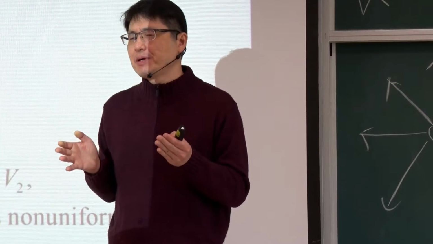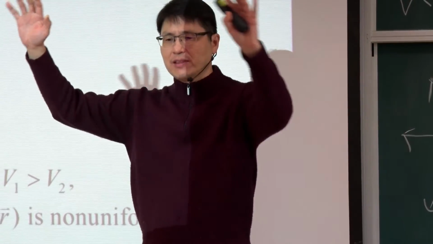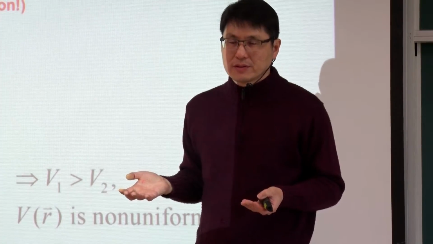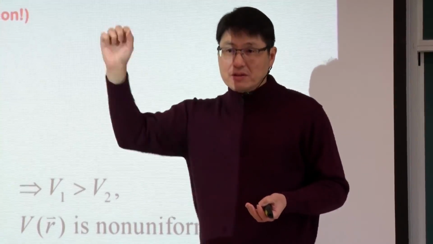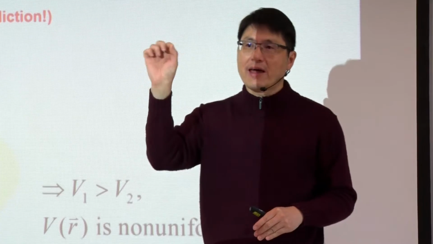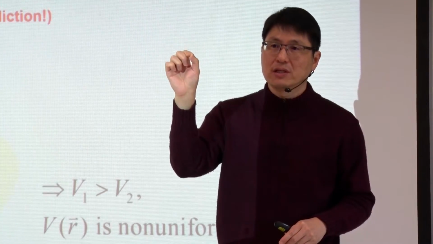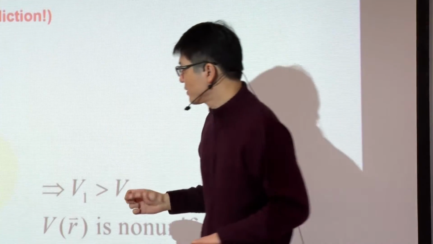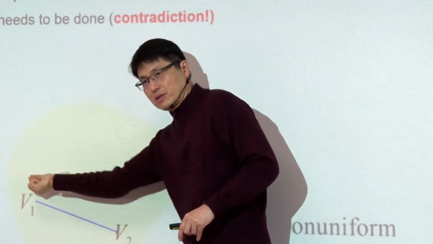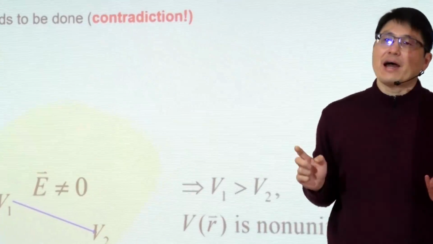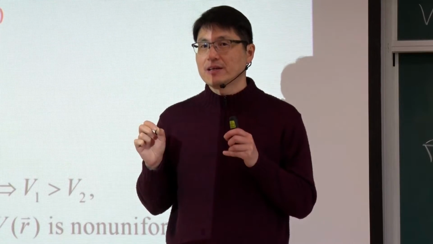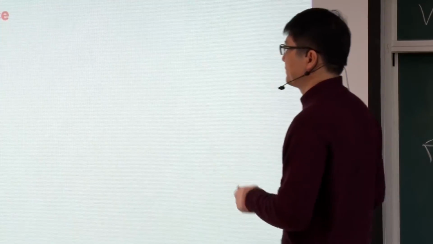What is going to happen for conductors? Conductors have lots and lots of free electrons. Free electrons mean they're free to move around. So once you have a field distribution, that free electron is going to move. Right? So if you have high potential, low potential, your electron is going to move. Okay? And that really violates our basic assumption of static E field. Right?